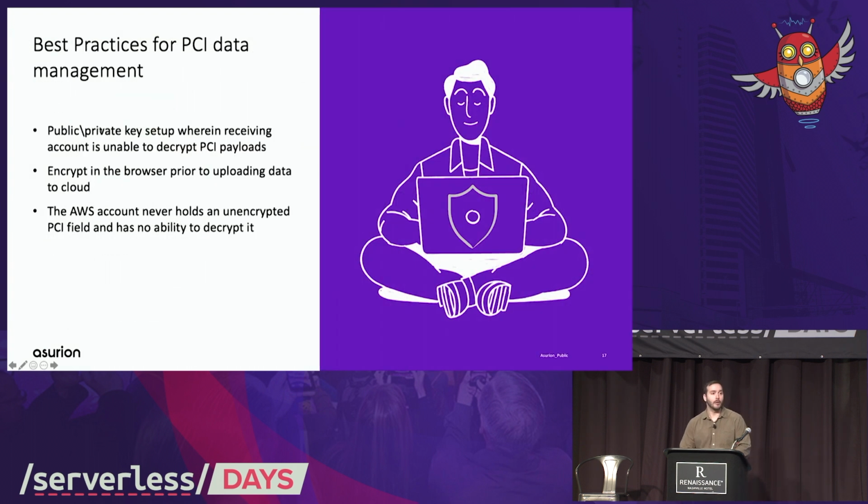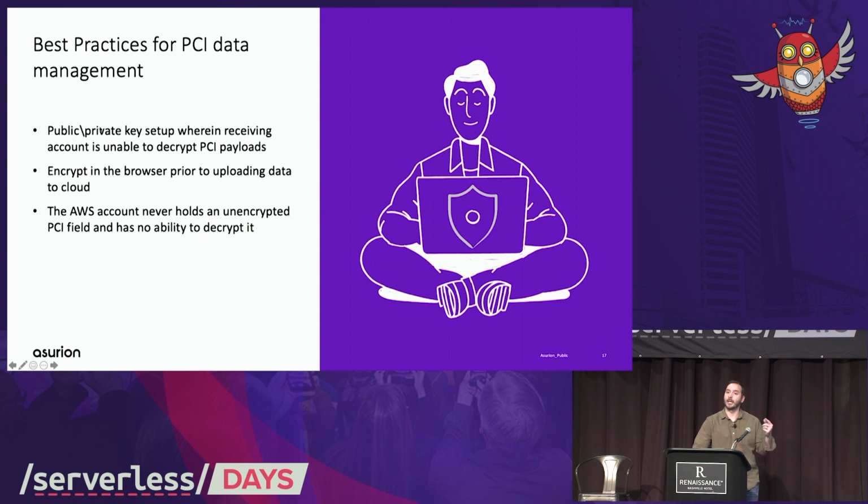Okay, so now I'm going to tell you how we manage all of this data, and we'll start with PCI. So for our PCI data, we actually embed a public key into the client browser, and we encrypt all of our PCI data in the browser prior to it ever being uploaded to AWS.